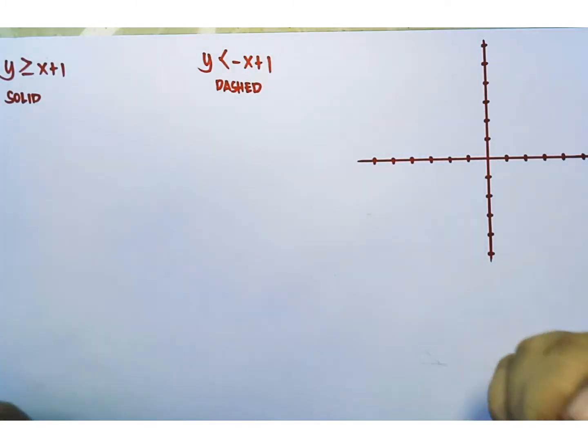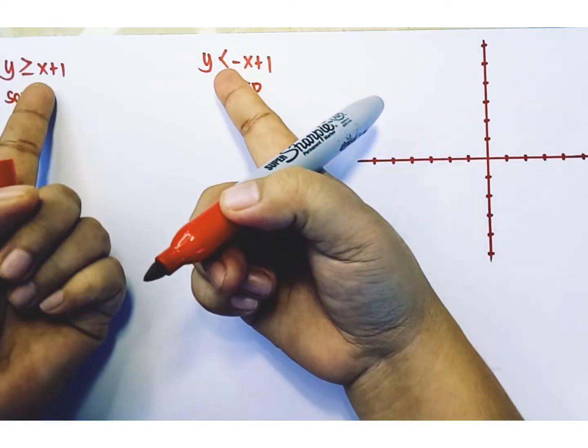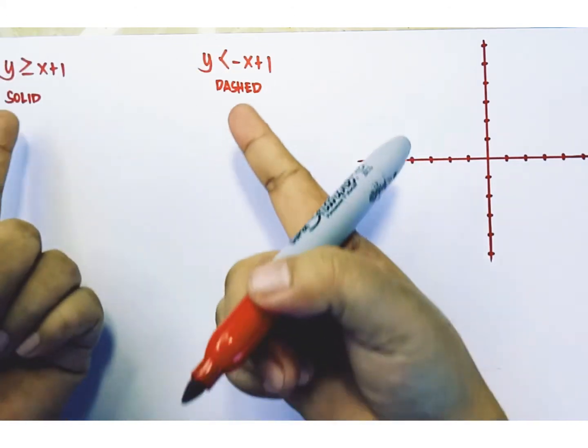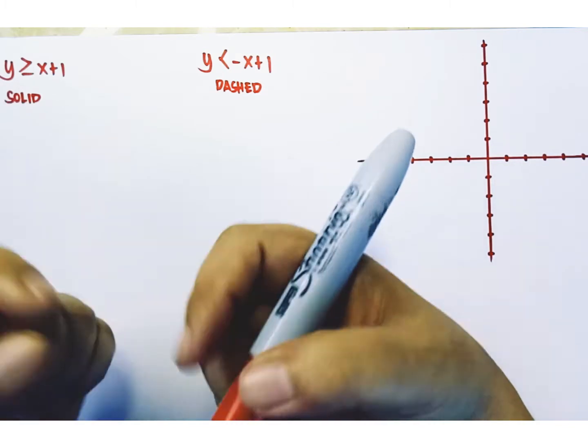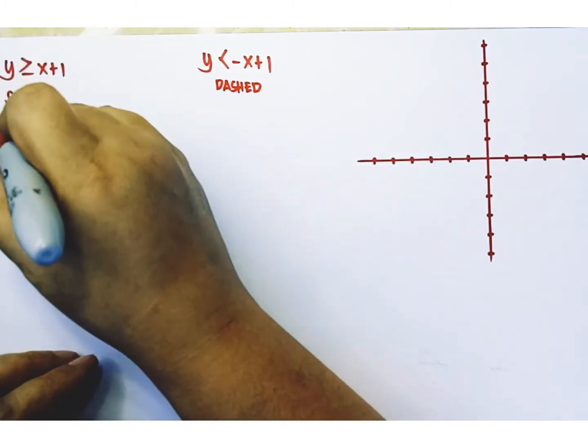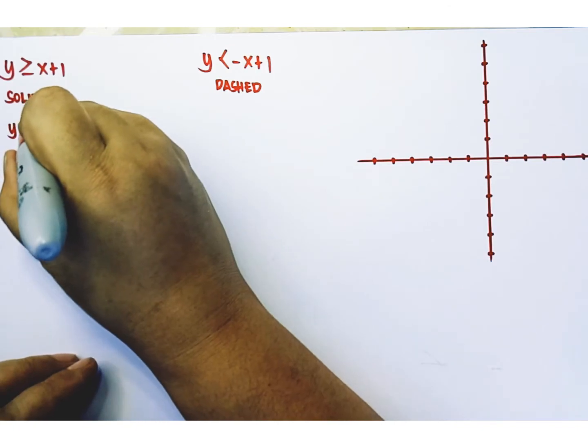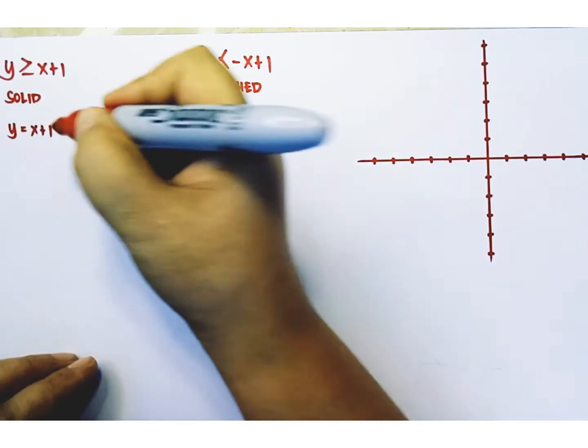For the second step, replace the given inequality sign with an equal sign to obtain the related equation of the borderline. From the first inequality, the related equation is y equals x plus 1.